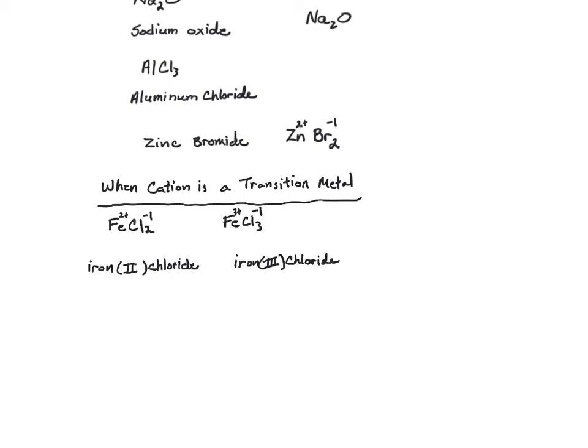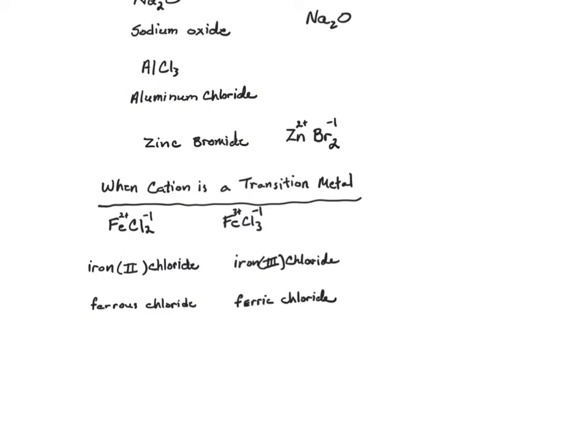So, for example, iron 2 chloride would be the same thing as ferrous chloride, whereas iron 3 chloride would be ferric chloride. Okay, I just wanted to show you that just in case it shows up on your homework or in the textbook or something like that.